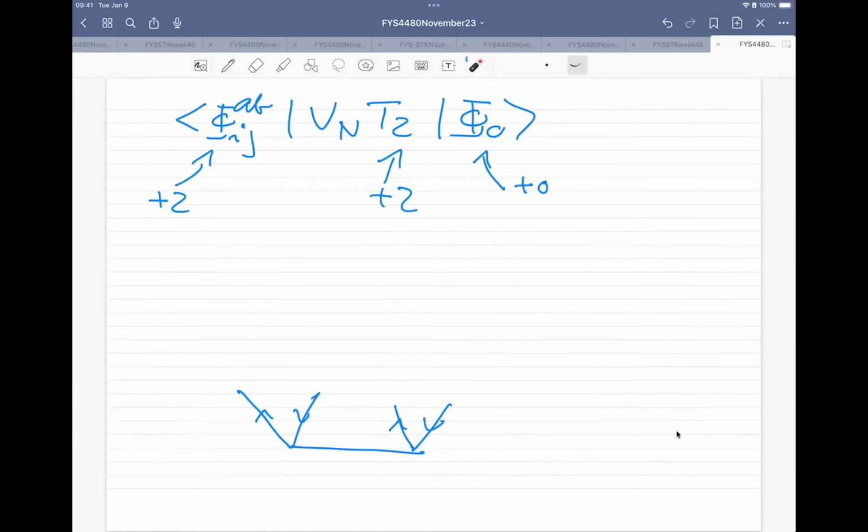So we could now have, so let's just look at them. So we can bring in this one. We can bring in this one. And now I'm going to put up explicitly the 1-particle 1-hole term, which will be this one.